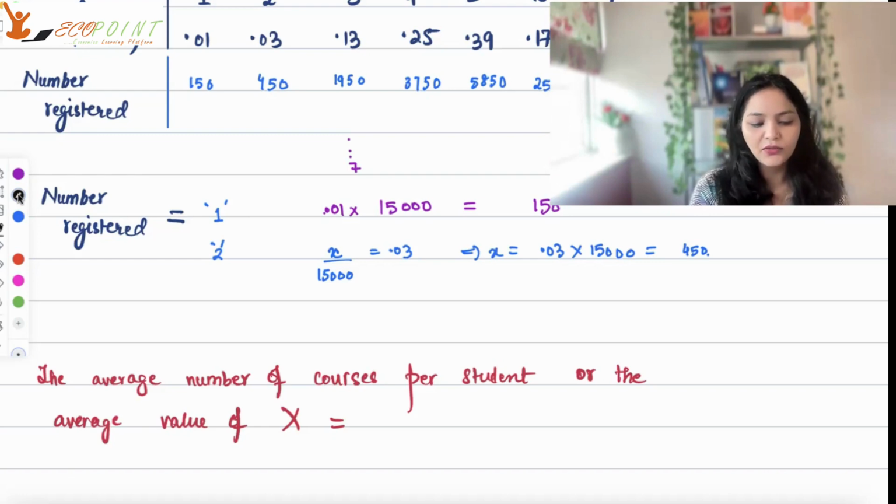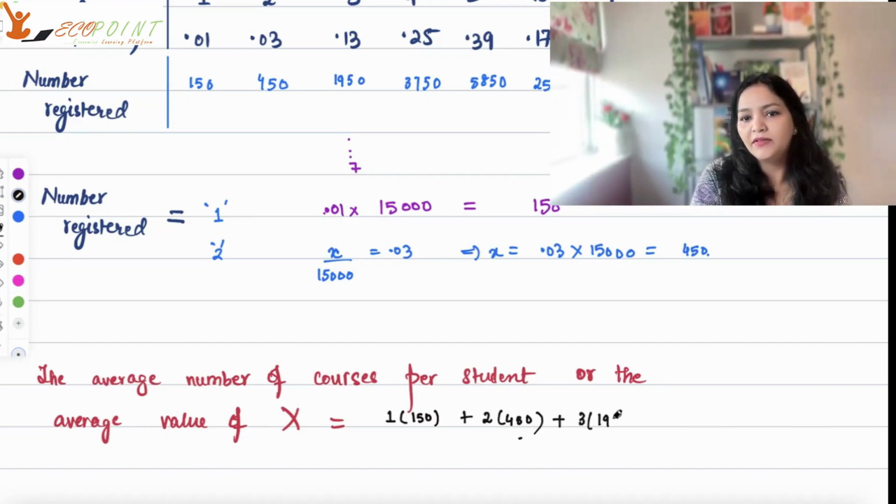Well, you know that one course is being taken by 150 people. Two courses is being taken by 450 people. Three is being taken by 1950. And similarly, you know that 7 courses are being taken by 300.